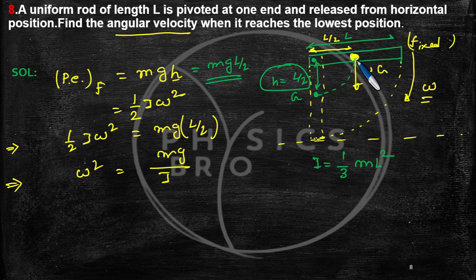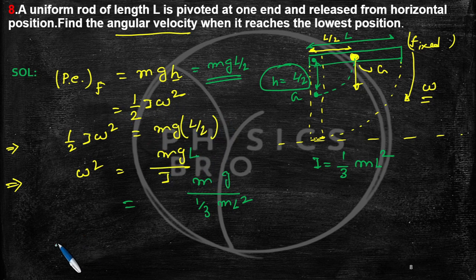If we fix a point elsewhere, there will be some different result. Okay, so I is 1 by 3 m L square, and we are putting mg L by 1 by 3 m L square.